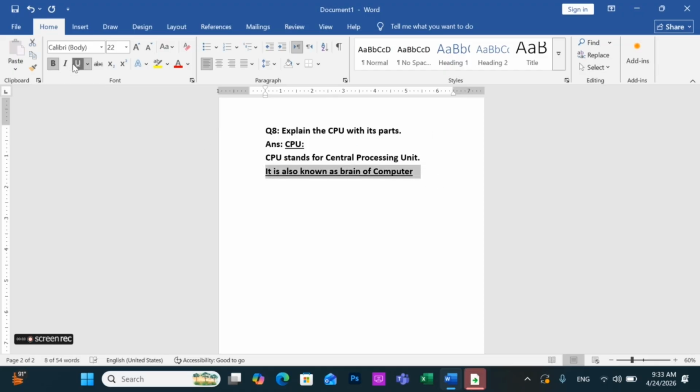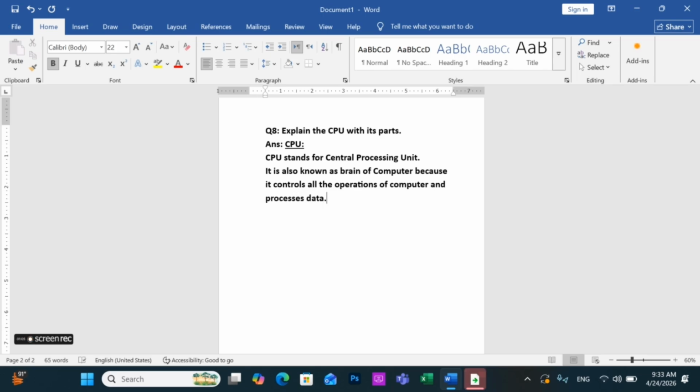Because it controls all the activities of the computer. That's why it is known as the brain of the computer, because it controls all the operations or activities of the computer and processes data.